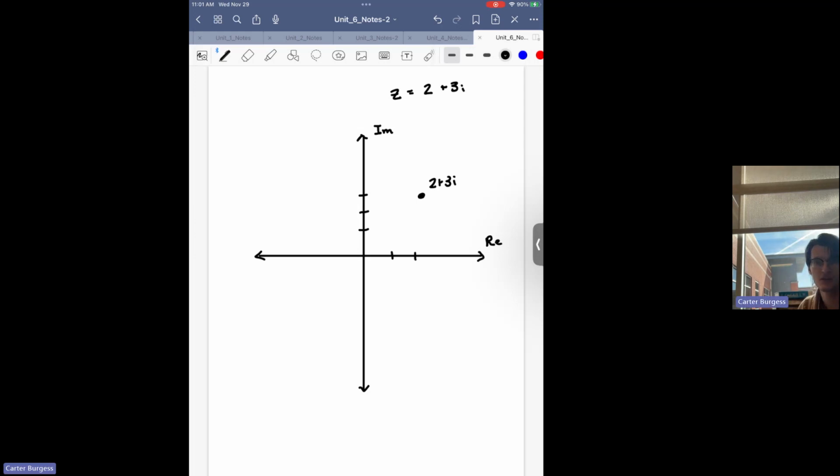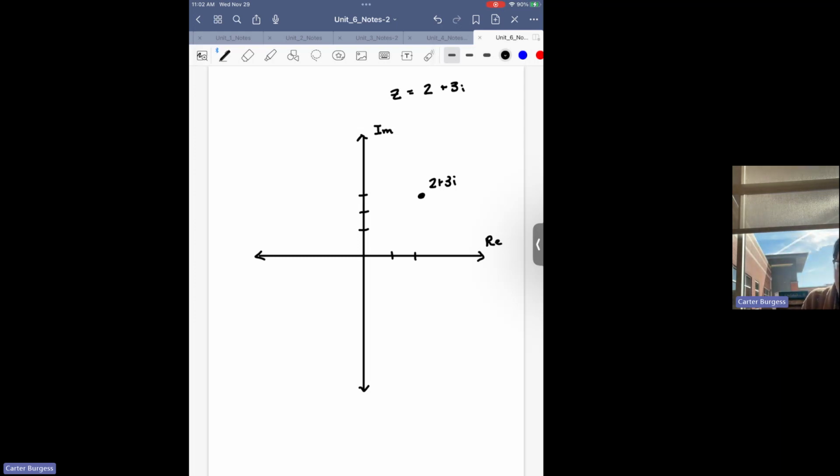Now, to be very clear, this isn't the point (2, 3). This is an imaginary number, or complex number rather. It's not a point, it's not two real values. But what we can very easily construct is a correspondence between the complex numbers and our two-dimensional points.